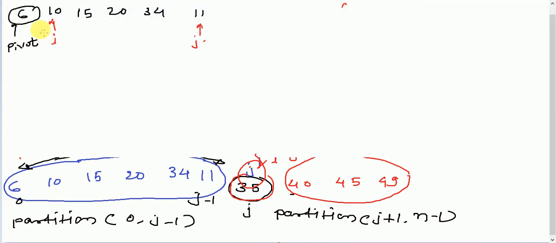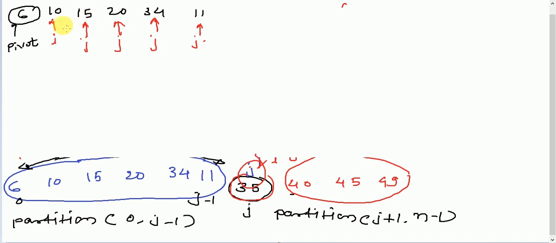Now 10 is greater than 6, so I will stop here itself. 11 is greater than 6, j minus minus, j will now point to 34. Now 34 is greater than 6, so j minus minus, j will point to 20. 20 is greater than 6, j minus minus, j will point to 15.